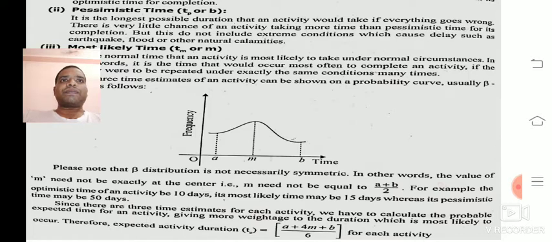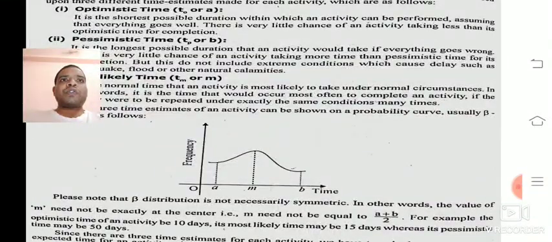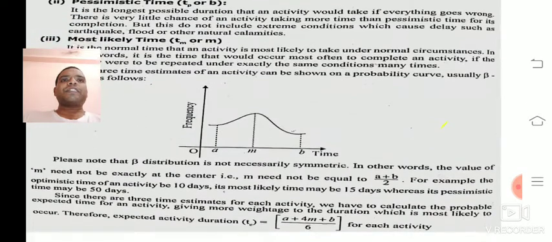If everything goes wrong, we call it pessimistic time. Have you understood? If everything goes well, the shortest possible duration for an activity we call optimistic time. Pessimistic time, if everything goes wrong, is the longest possible duration for that activity.